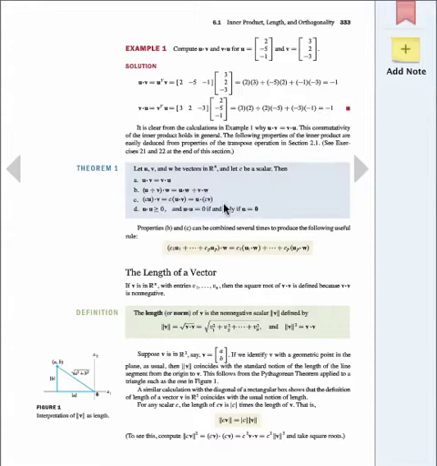Theorem 1 gives some algebraic properties of the dot product. Basically, dot products play nicely with linear combinations is one of the takeaways here. That's fine. Length of a vector is defined right here. The way that you compute length of a vector should not be a shock.